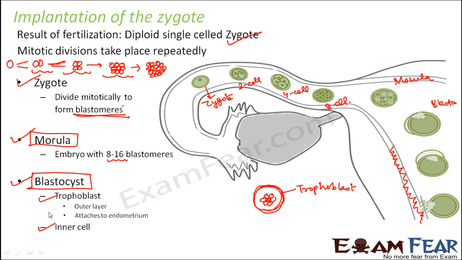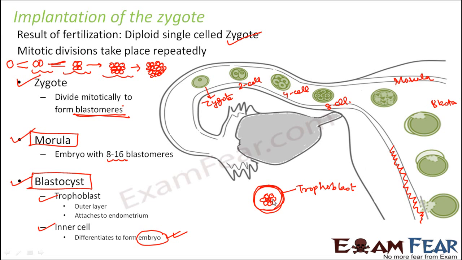And what about the inner cell mass? The inner cell mass differentiates to form the embryo. So finally, what is the structure? Once it gets attached to the endometrium, outside you have the trophoblast with which it is connected to the uterus, and inside you have the embryo, and that embryo is formed from the inner layer of cells.